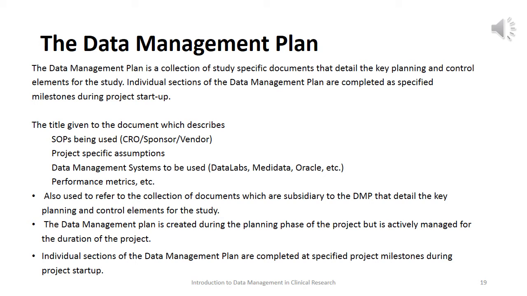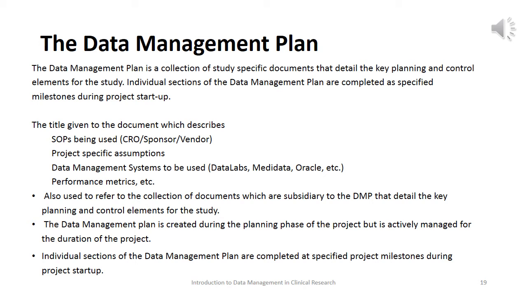It's also going to indicate what our performance metrics are going to be, what we're expected to do in order to ensure success of the project. It's also used to refer to the collection of documents that are subsidiary to the data management plan that detail the key planning and control elements of the study.